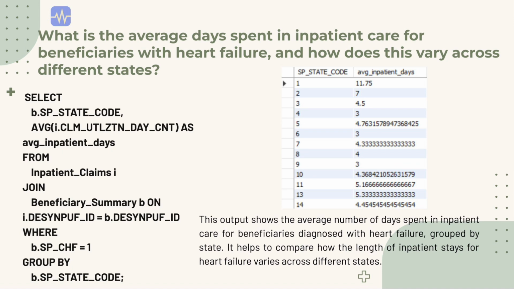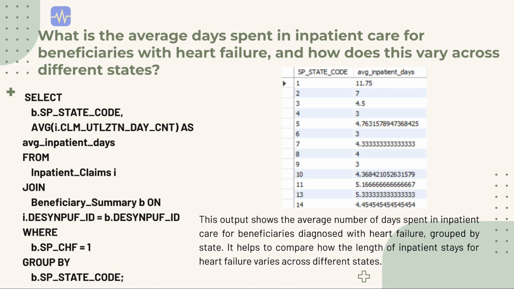The claim utilization column from the inpatient claims table represents the number of inpatient care days for each claim. The average function was used to calculate the average number of inpatient care days for beneficiaries that specifically had heart failure.